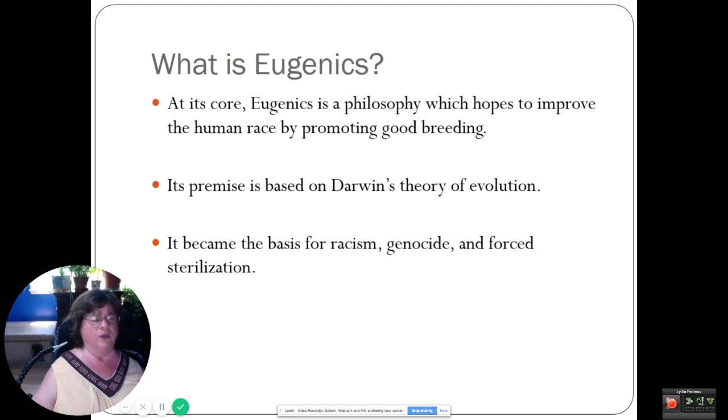Why can't we make that jump? And it became the basis for racism, particularly racism that was considered more respectable, genocide, and of course, as you will see, forced sterilization.